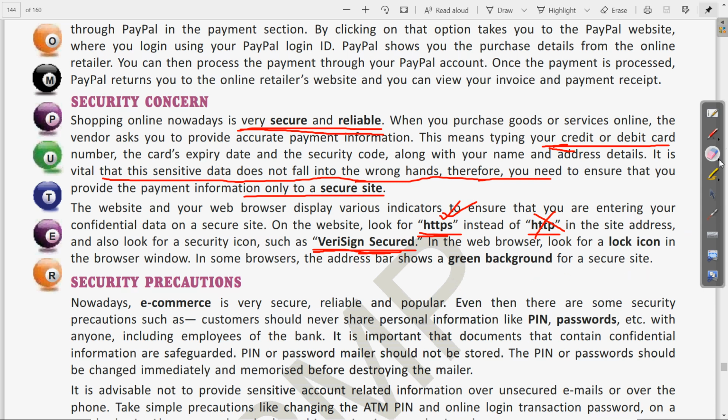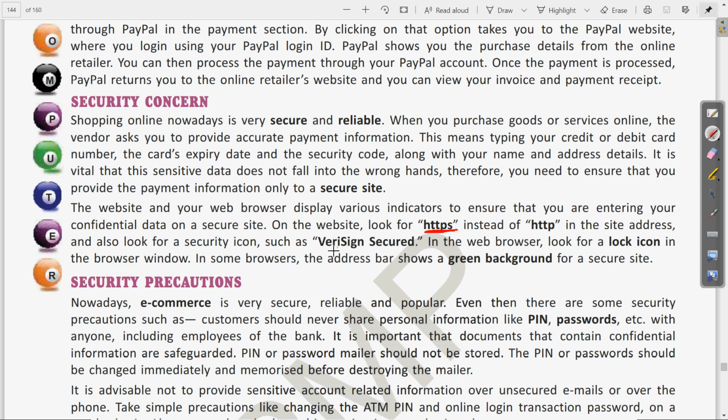Clear? So these are the different ways of ensuring that the web address or the web page is secure. First, we have seen that HTTPS is one thing. Then a few websites may have the VeriSign secured feature. So these are the security icons in the URL bar, which also indicate that the web page or the website is secure.